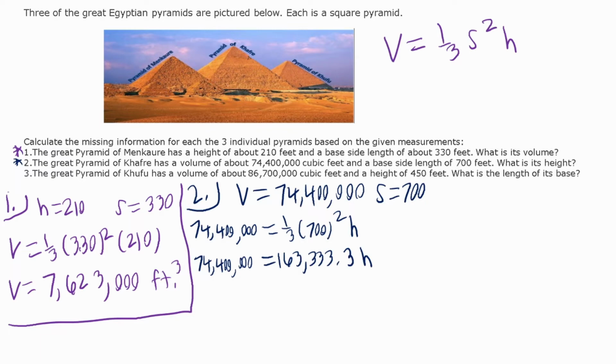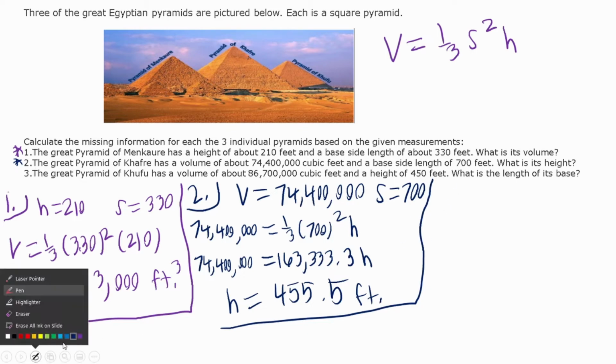That gives me 74,400,000 divided by 163,333.3. And that's going to give me a height of about 455.5 feet. That's that answer.